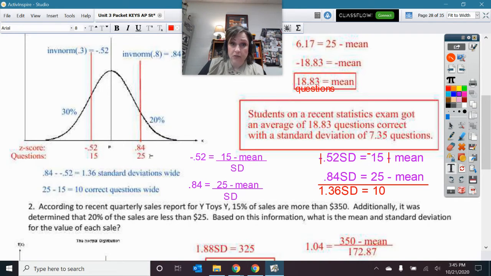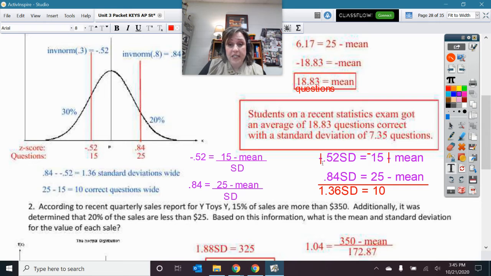The second location has this equation: 0.84, the z-score, equals 25 minus the mean over the standard deviation. Then I multiply by the standard deviation, and I get these two equations located here. So negative 0.52 standard deviations equals 15 minus the mean, and then there was the other one.